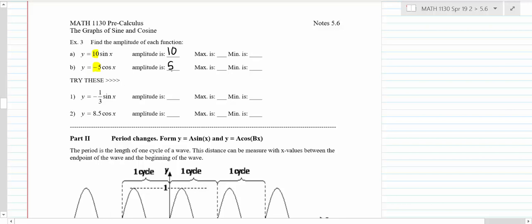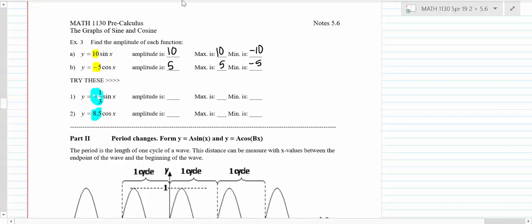There's no up-down movement on this, so the maximum is 10 and the minimum is negative 10. That's how easy it is to find the amplitude. And on this one, the max would be 5 and the min is negative 5. It does reflect the graph if you multiply by negative 5, but it doesn't affect the max and min. They just flip-flop the order. And then these next two are basically the same thing.